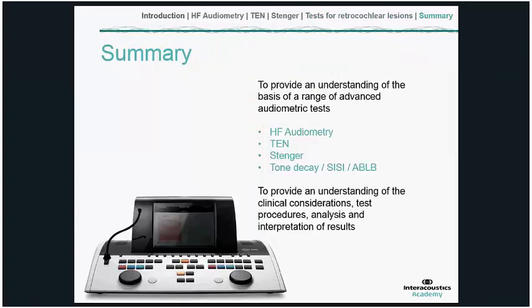Okay, so now I'd like to just draw matters to a close, because I'm aware of the time, of course, and I'm very grateful for your attention. But just in brief summary, we've covered high-frequency audiometry and discussed some clinical applications, particularly in terms of the concept of hidden hearing loss and tinnitus with a normal audiogram.